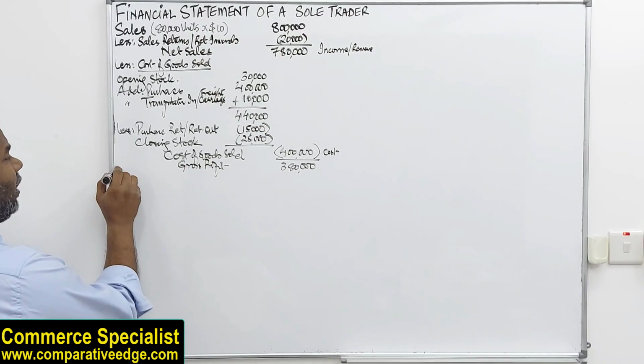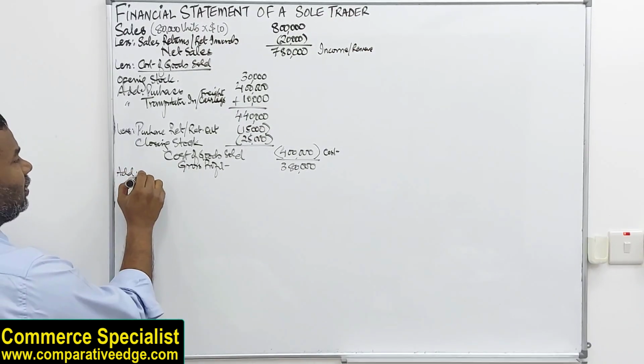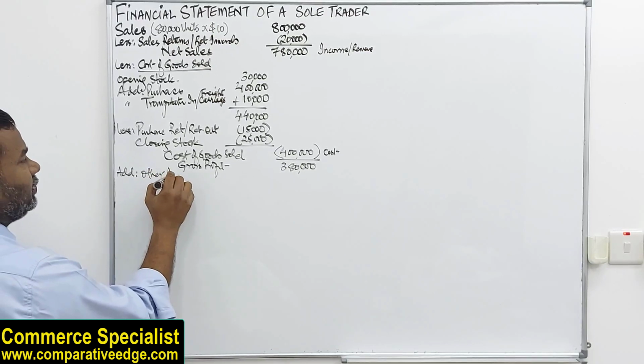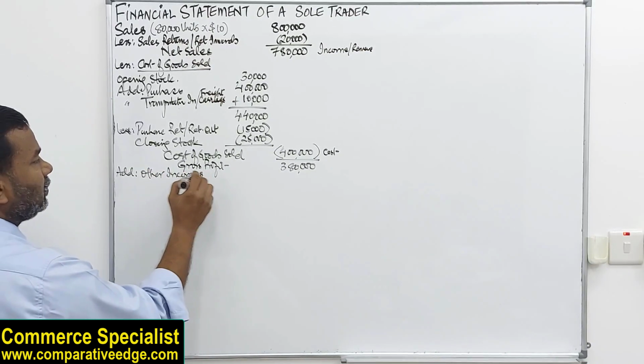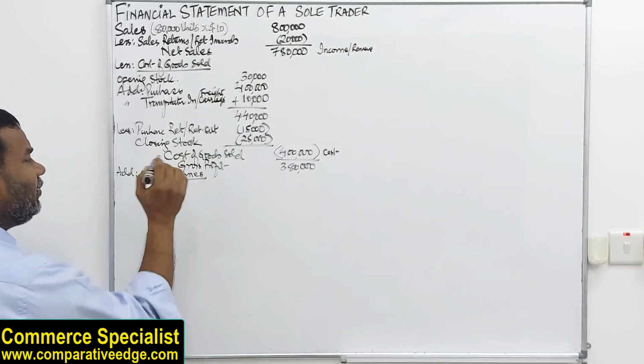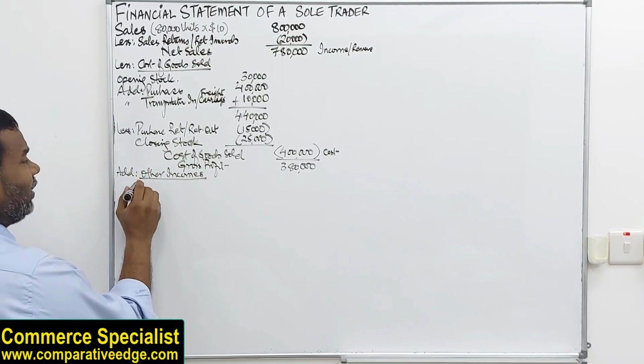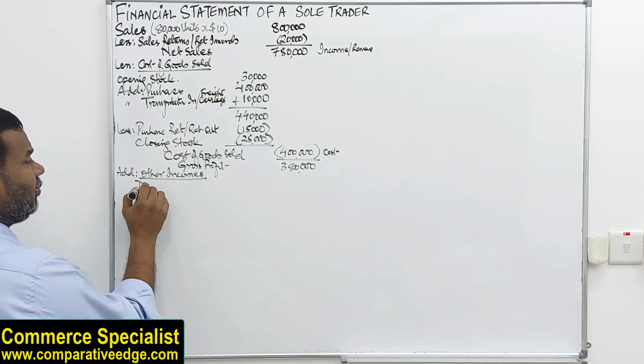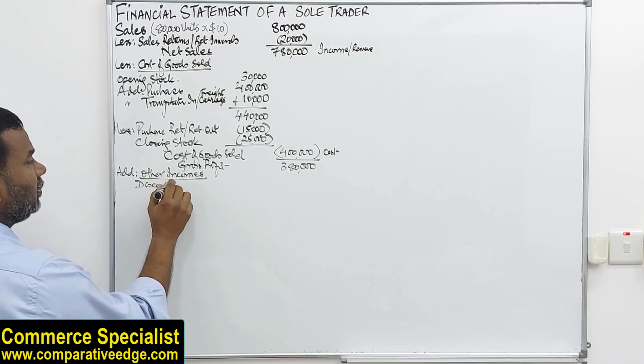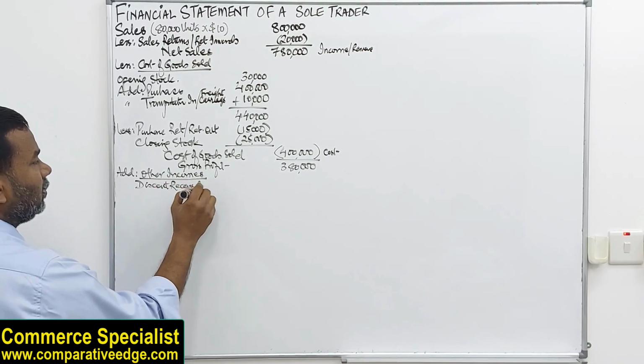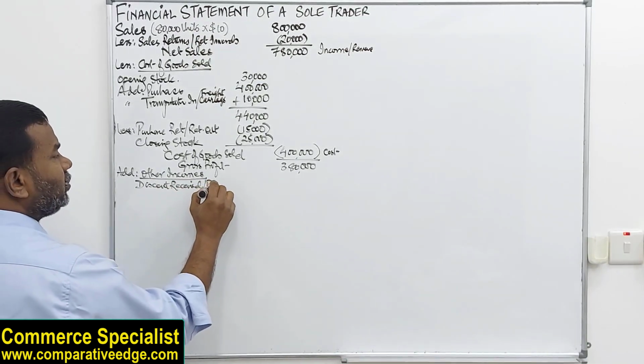After this, you may write add other incomes. So the very first income you should be thinking about is something known as discount received. Or you can also call it purchase discount.